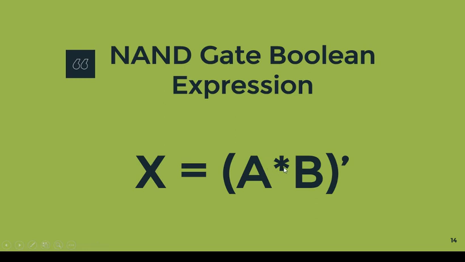And we know from algebra, we would typically evaluate the bracket first, and then we take whatever operation is on the outside. In some books, it might be represented as a horizontal bar atop here, but it typically means the same thing. So we have A and B, and then we NOT A and B to get our output X. So that's the Boolean expression for the NAND gate.